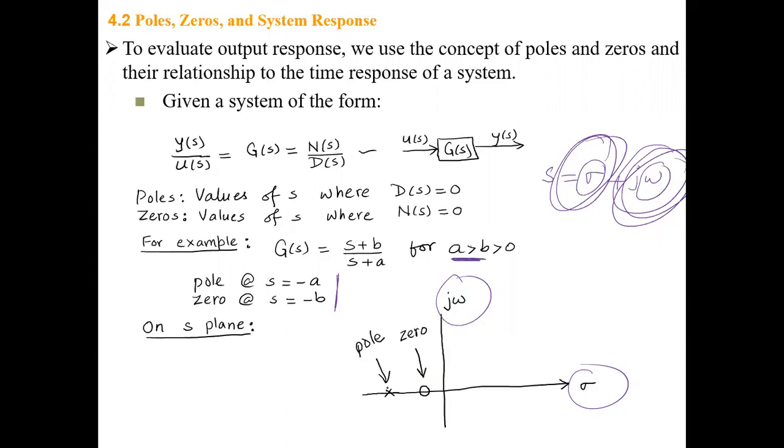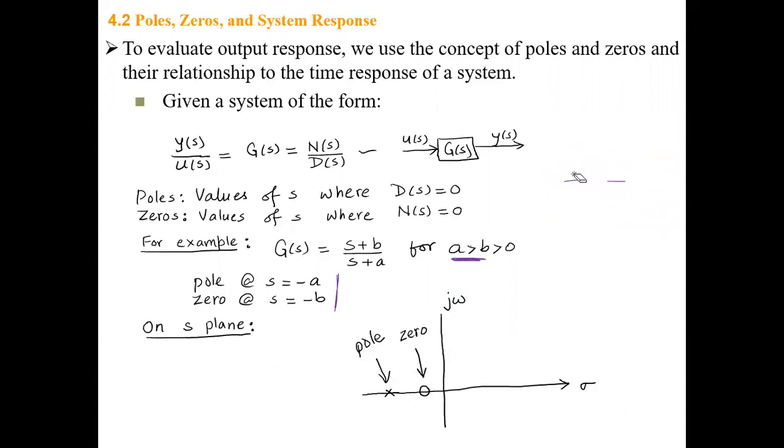So this is a, this is b. A is longer than b, but they are in the negative direction, on the negative axis. That's why we represent it like that. So guys, do you understand what the pole is and what the zero is?